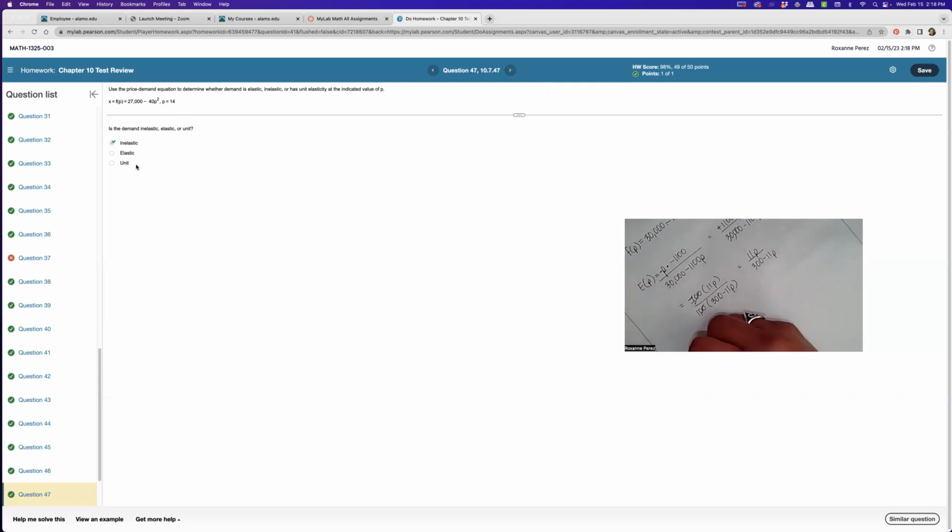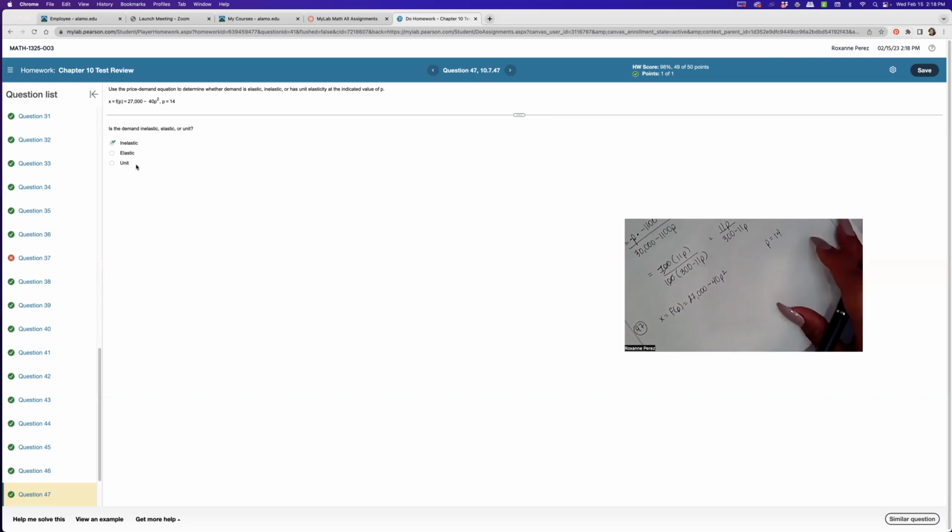Okay, so we are given x equals f of p equals 27,000 minus 40p squared. And we're going to evaluate at p equals 14. Same thing as before, we're going to follow this structure for elasticity of demand.